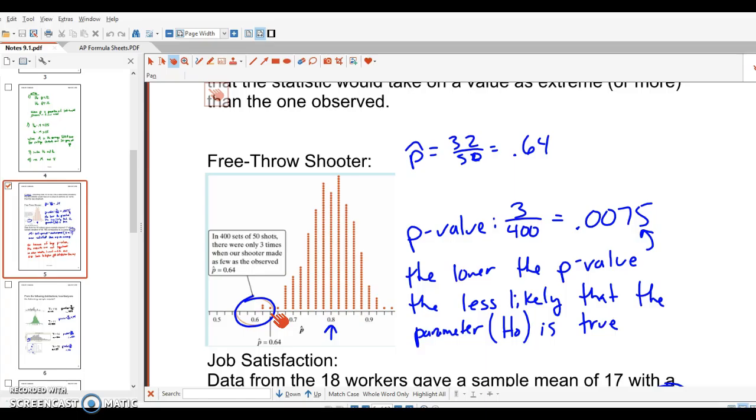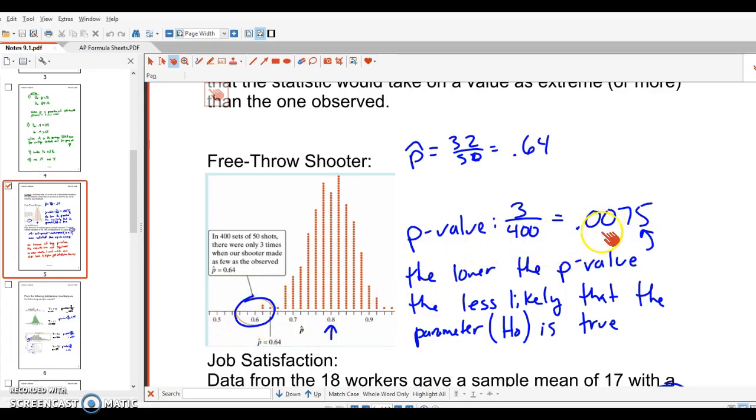So our example player only got 32 out of 50 shots, meaning that for that one sample, the free throw shooter had a 64% success rate. If you look at our simulated results, only 3 times out of 400 trials did the computer suggest that even if 80% is the center, they could have gotten that low of a proportion just with one sample.